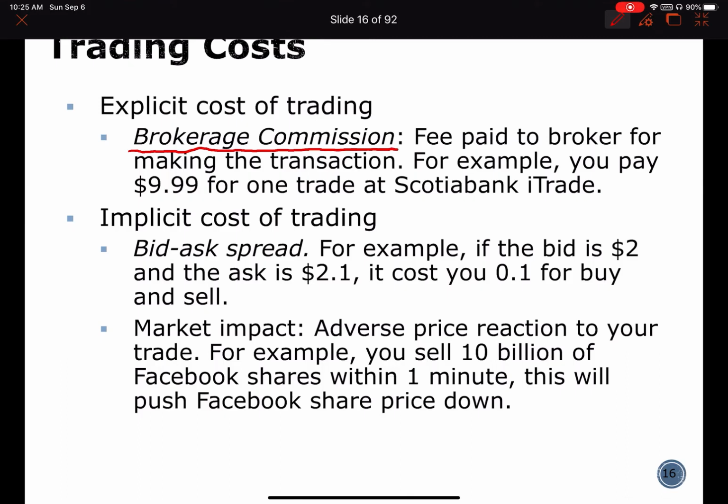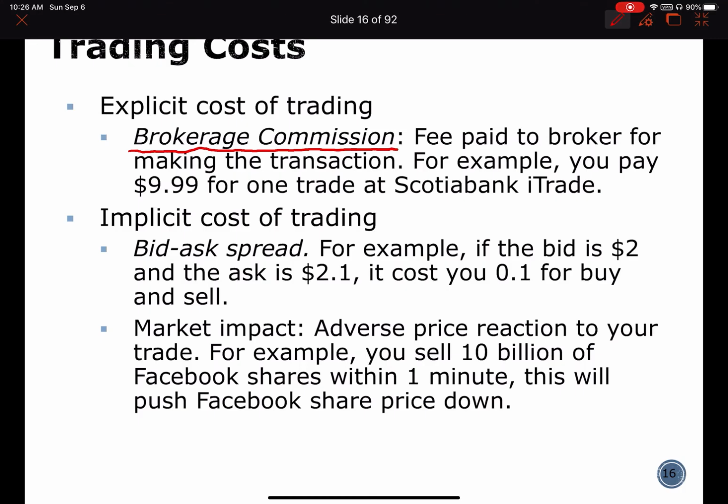Remember that if you place the market order, if you're the buyer, you pay the ask price. And if you're the seller, you pay the bid price. So basically, the bid ask spread will make you buy high and sell low. Of course, you lose money, right? So essentially, for this round trip trading, you will lose $0.1.